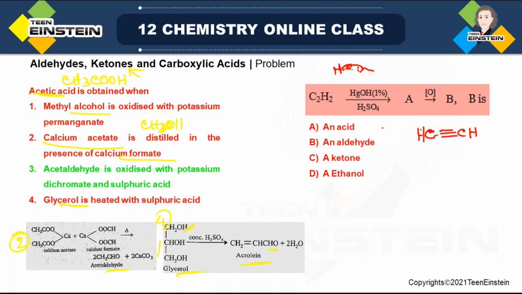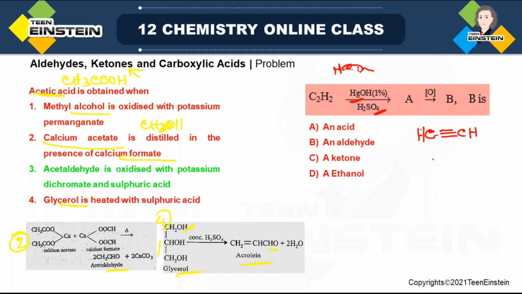Now, this contains the Ag ion, and here the condition is acidic in nature. Under this acidic condition, we already know that mercury ion will be present. What happens? First, there is a hydration reaction.